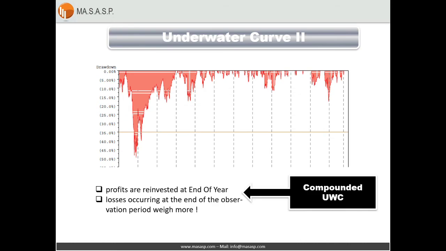The profits generated at the end of year are accumulated, and the next year the equity available for investment gets higher. This practice is called compounding. This alternative calculation method, which delivers a penalized estimate of the drawdown, is called the compounding underwater curve.